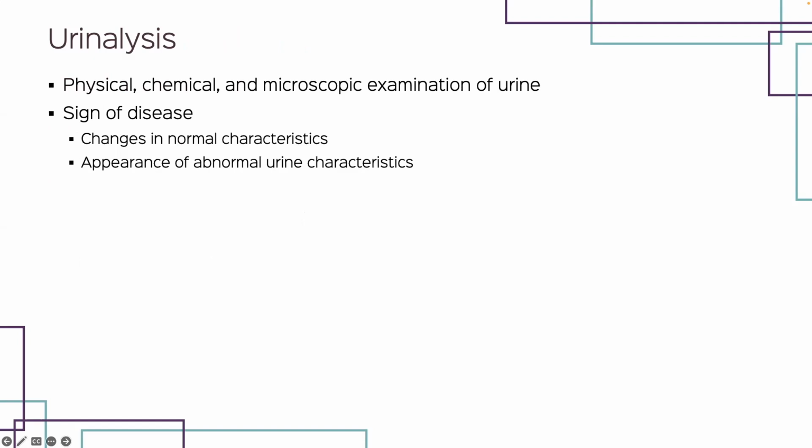The physical, chemical, and microscopic exam of the urine is termed urinalysis. Like blood, urine is a fluid whose study can reveal much about the normal and the abnormal functioning of the body. So changes in the normal characteristics of urine or in the appearance of abnormal urine characteristics may be a sign of diseases.